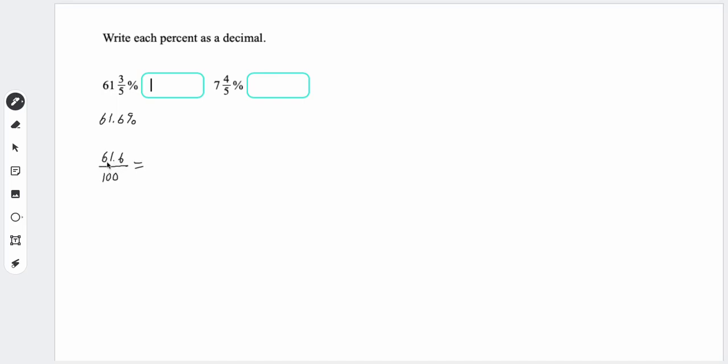We move the decimal over twice, so 0.616 goes right here. We'll do the same thing here. So that would be 7.8%. 7.8 divided by 100 is equal to 0.078, and that's our decimal.